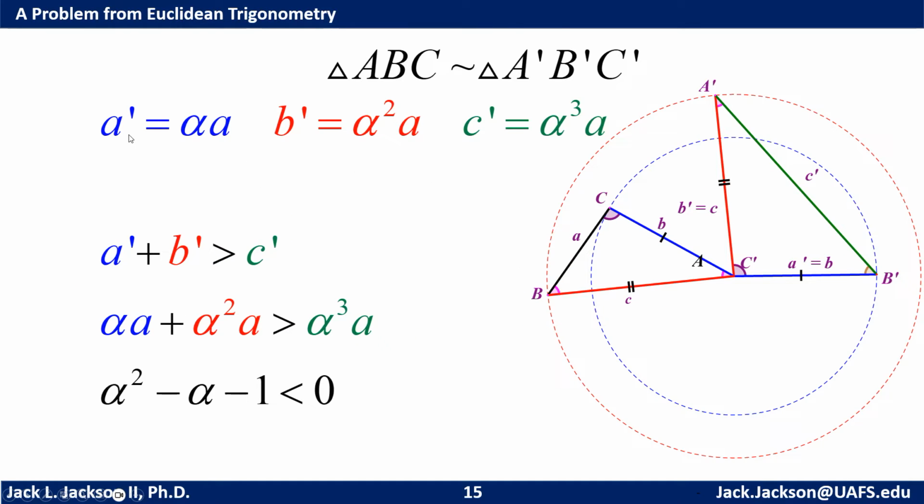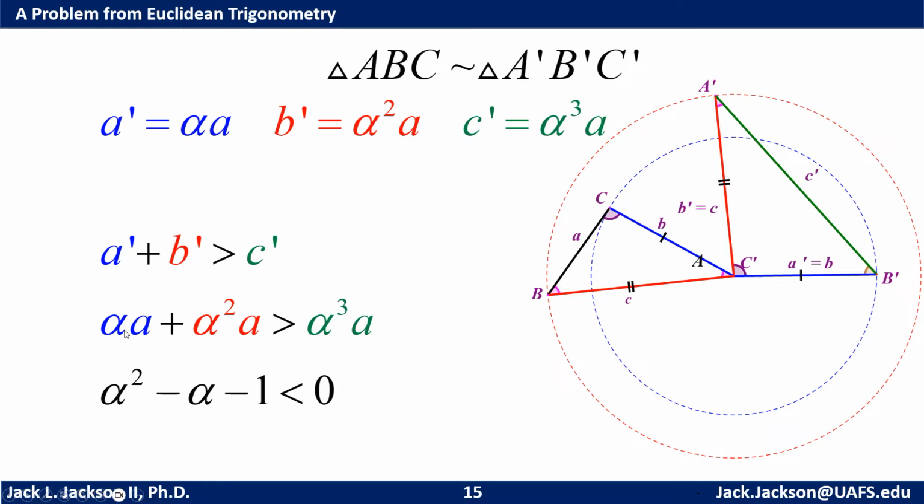So let's summarize what we have so far. We've got A prime is alpha A, B prime is alpha squared A, C prime is alpha cubed A. We've got A plus B is greater than C, A prime plus B prime.